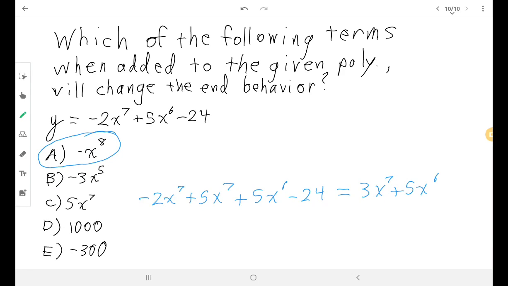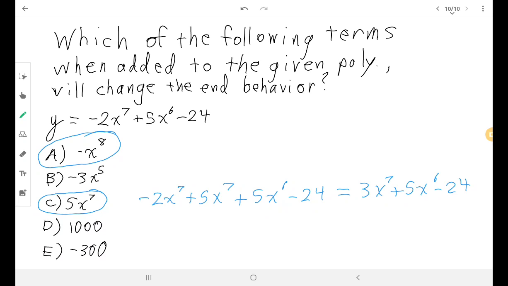And then all of a sudden, that degree-defining term has gone from a negative to a positive, and because of that, I changed the end behavior, right? Instead of starting going down, now it starts going up. So C definitely changes things.